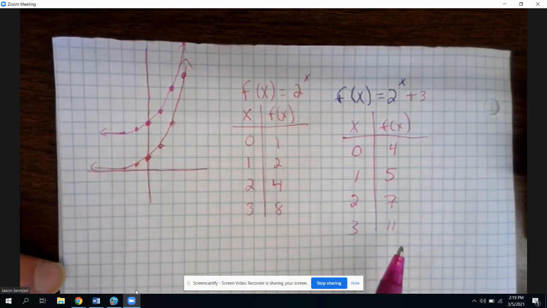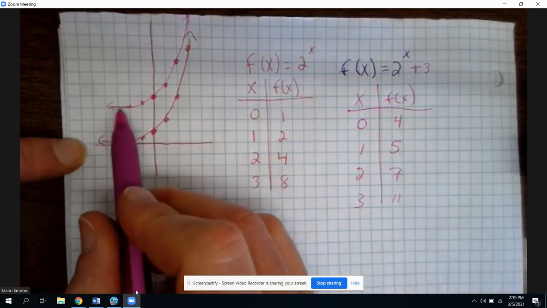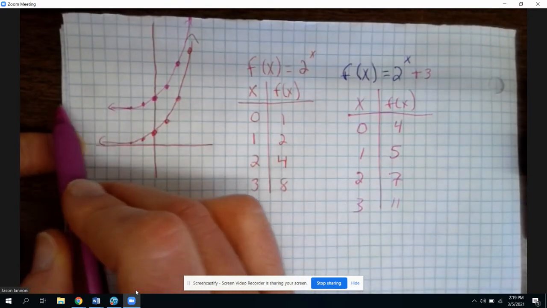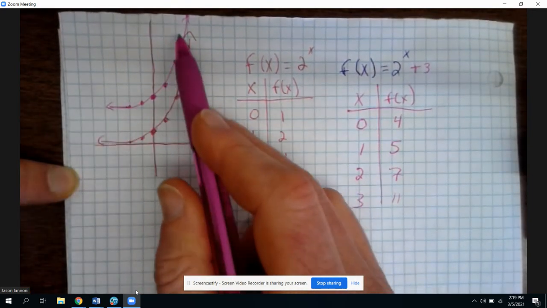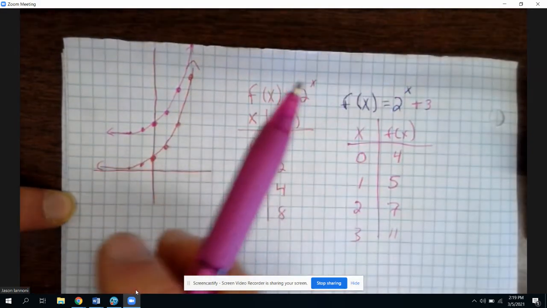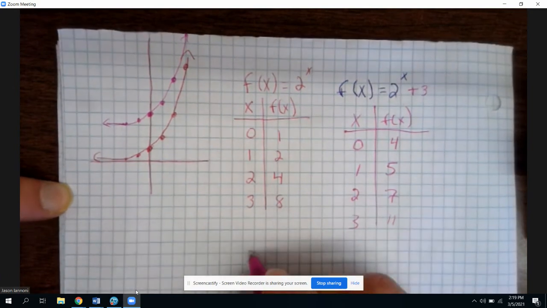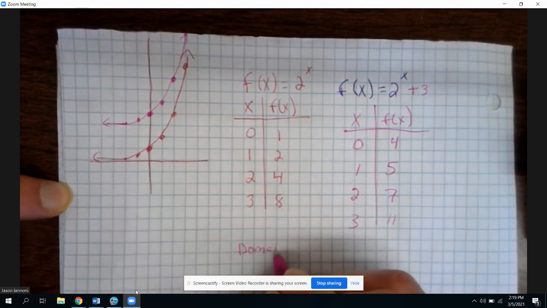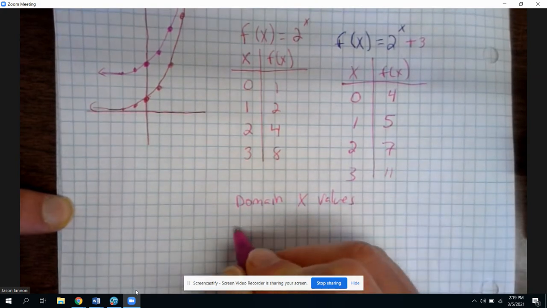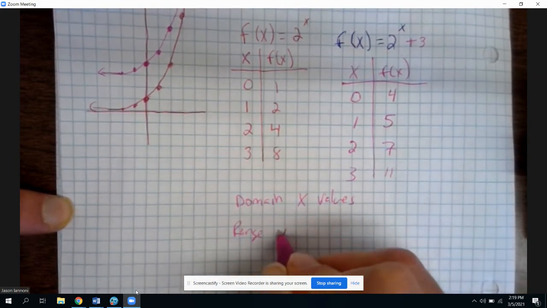One other thing: this arrow means it's going to go on forever to the left. This arrow means it's going to go on forever, not only up, but off to the right. If you'll remember, we talked about domain as being x values and range as being y values.